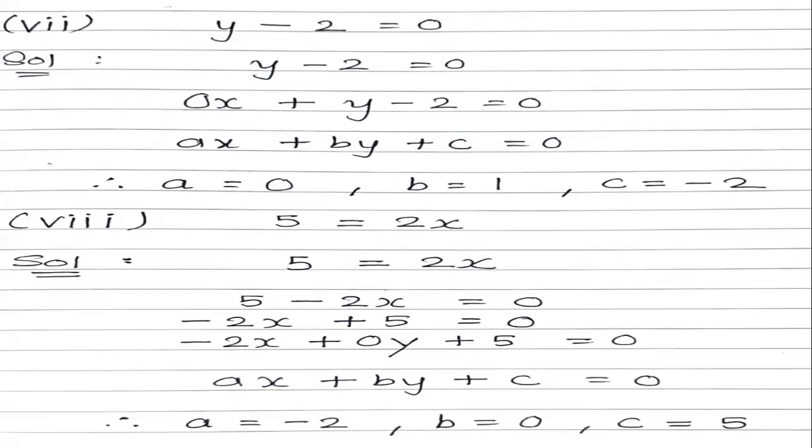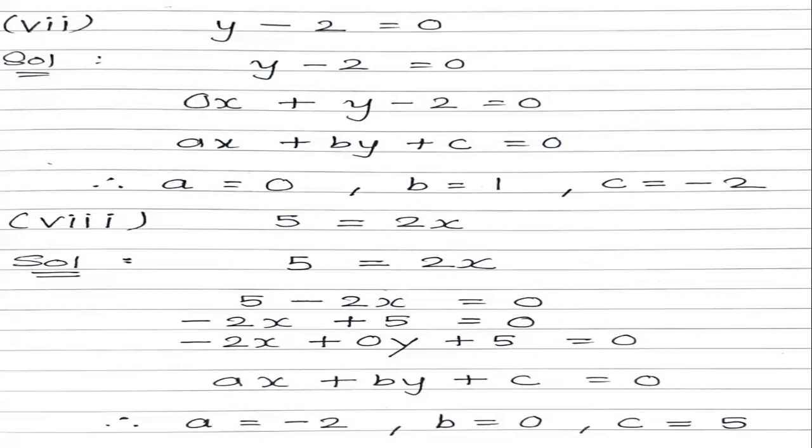And then if I compare it with the standard form of the linear equation in two variables, which is ax plus by plus c is equal to 0, I can clearly state that a is replaced by 0, b is replaced by 1, and c is replaced by minus 2. In this way, we got the value of a is equal to 0, b is equal to 1, and c is equal to minus 2.